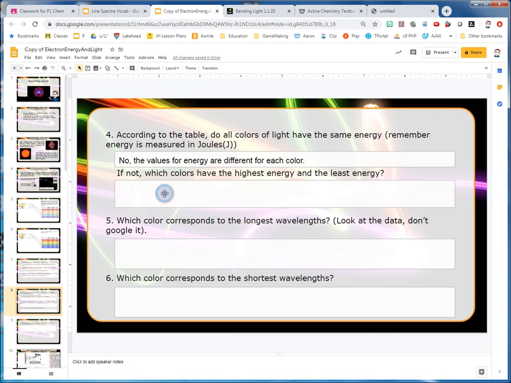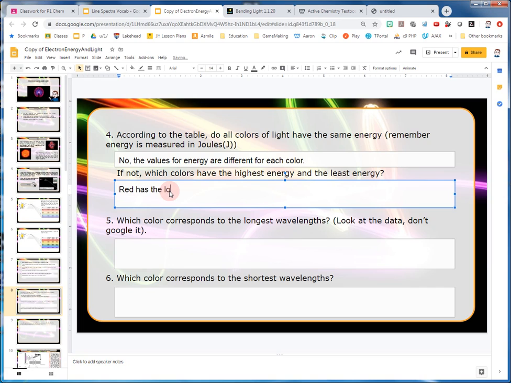So, red has the lowest numbers, so it probably has the lowest energy. Violet has the highest numbers, so it probably has the highest energy.